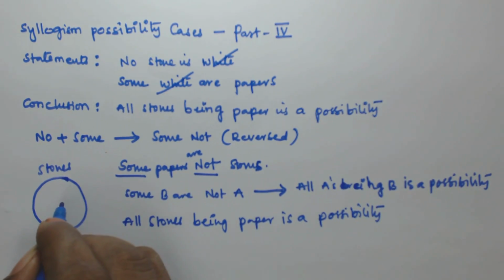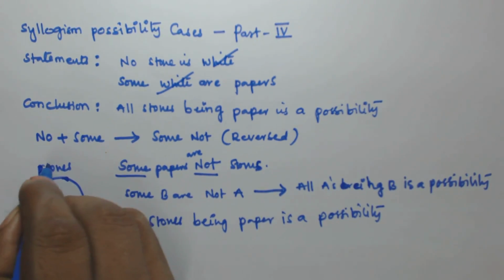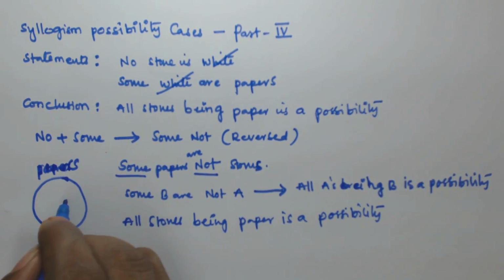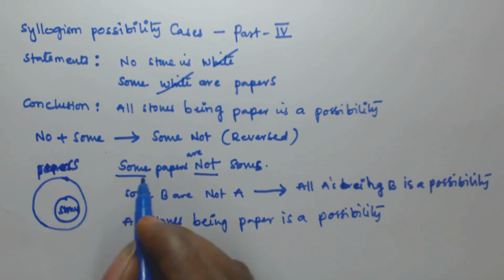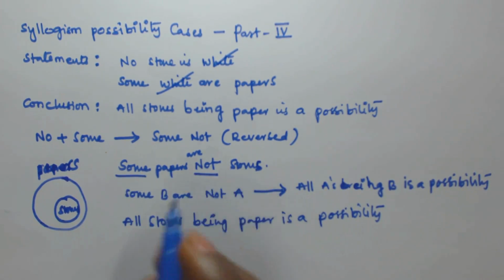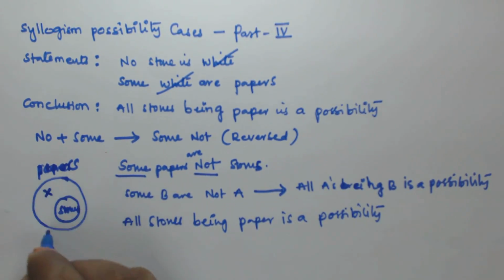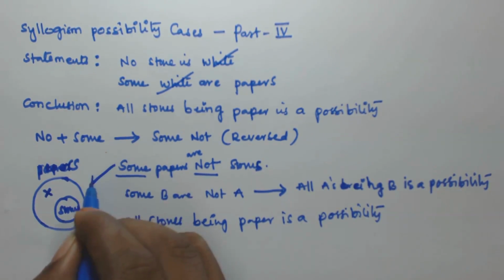If we take the bigger circle as papers and the small circle as stones, then some papers are not stones, so it satisfies the given conclusion.